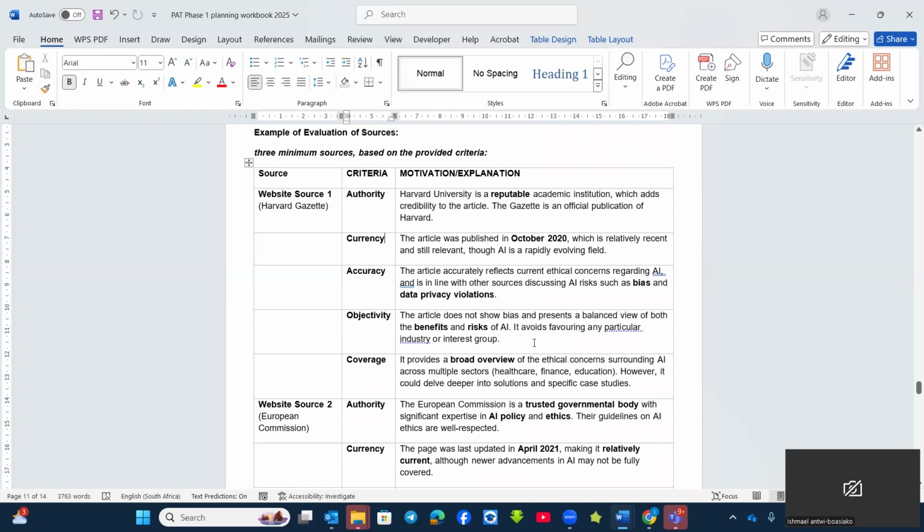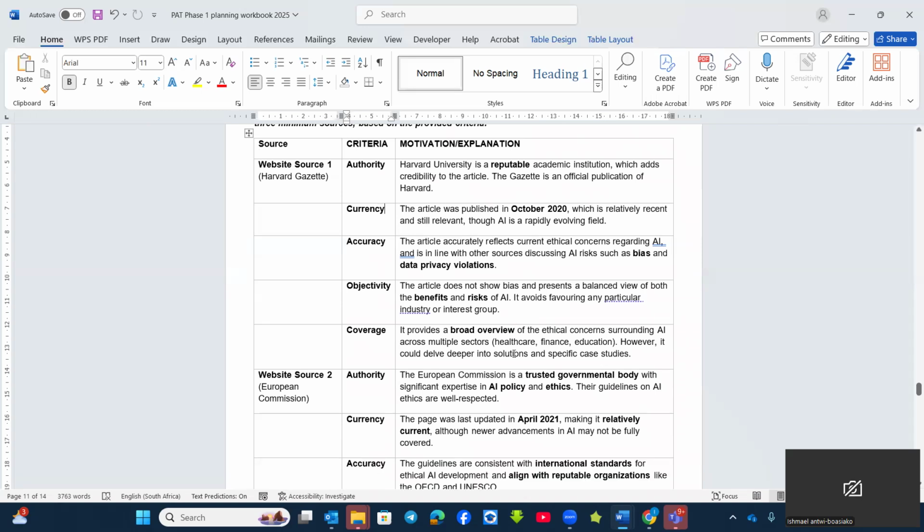So if the article is talking about only one side, then you say maybe it doesn't have balanced information about the topic. And then the coverage, it provides a broad overview of the ethical concerns surrounding AI across multiple sectors. So it means it covers different sectors, that's the health sector, the finance, and then the education. So that article talks about different sectors of AI, not just the education and training sector. So that is what we talk about in the coverage.